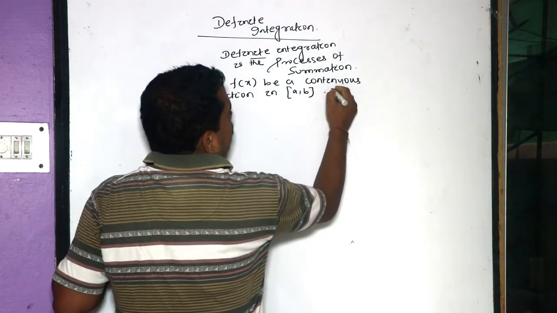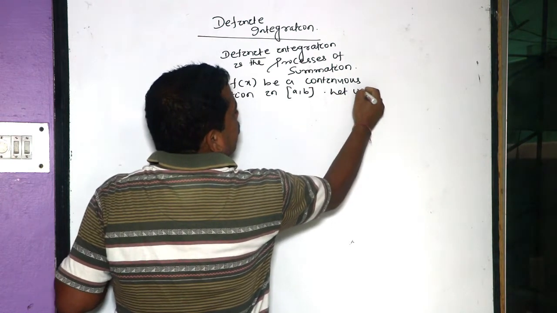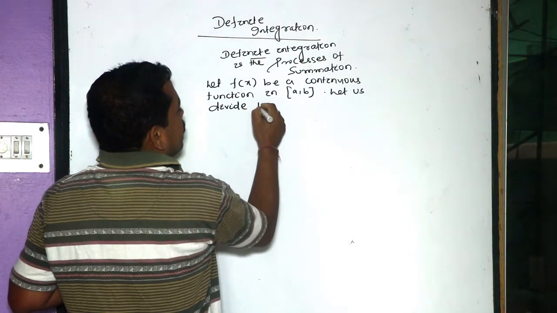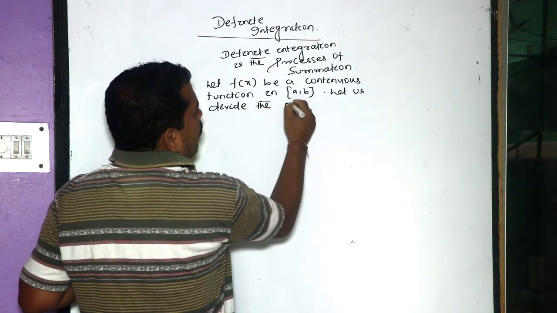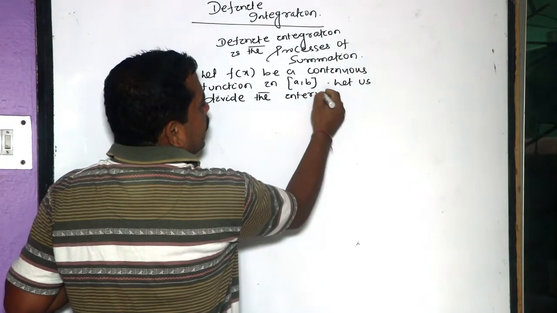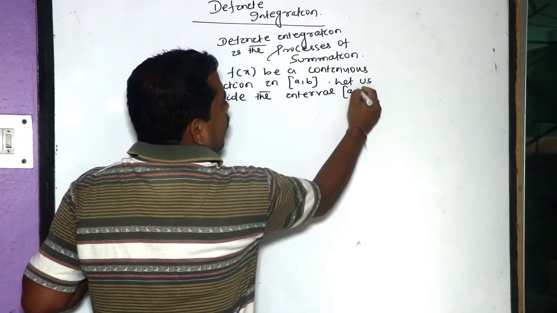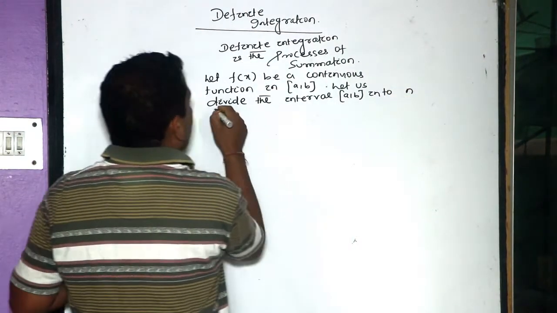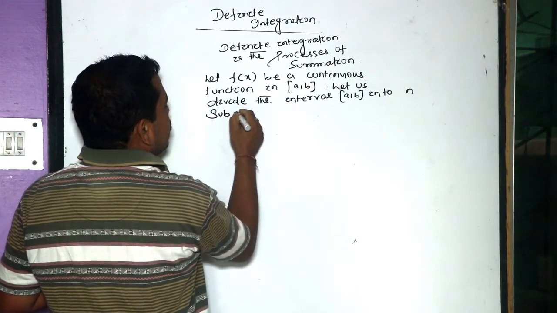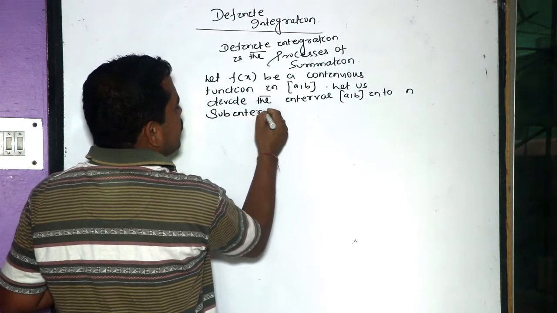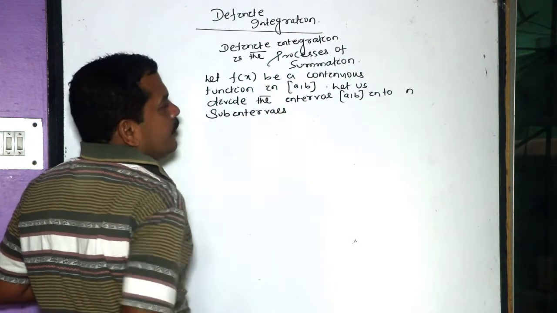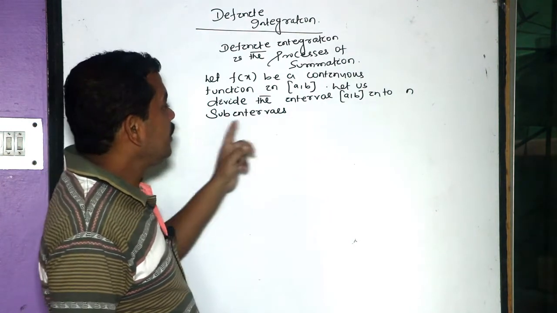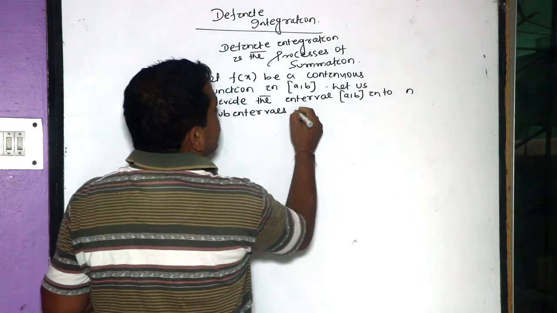Let us divide the interval [a, b] into n subintervals.